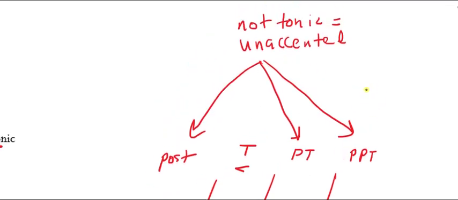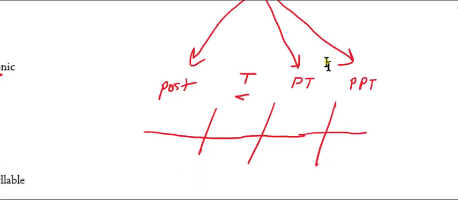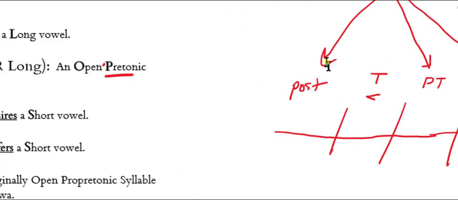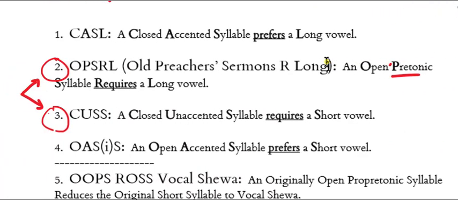Okay? So if we have one tonic syllable, any other syllable, whether it's the post-tonic syllable, the pretonic syllable, or the propretonic syllable, is going to be unaccented. Unaccented. So what we're dealing with in this first rule is an open pretonic syllable.